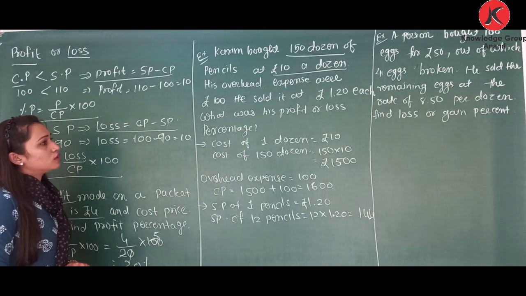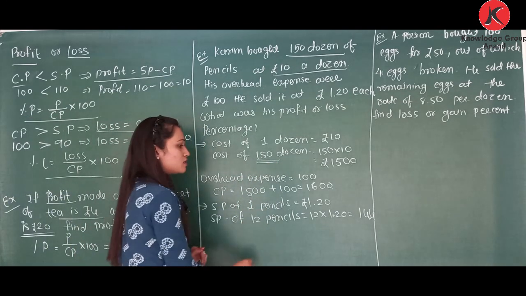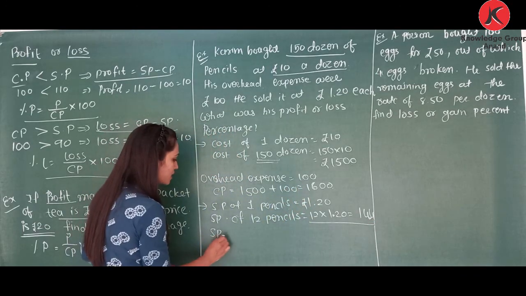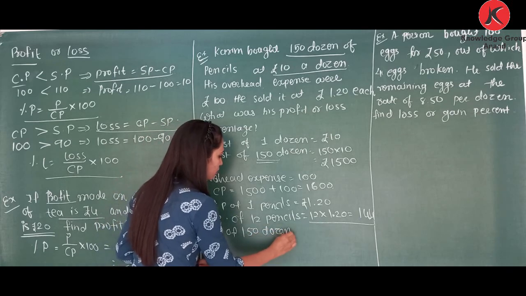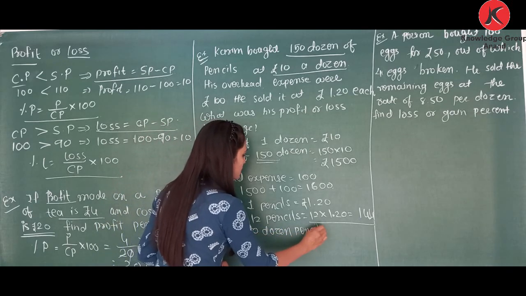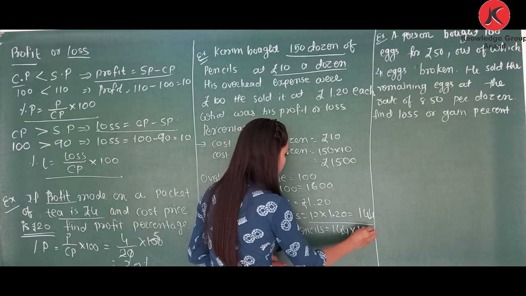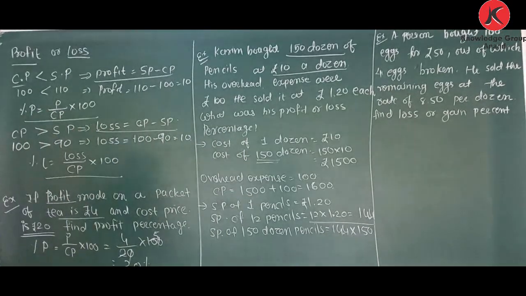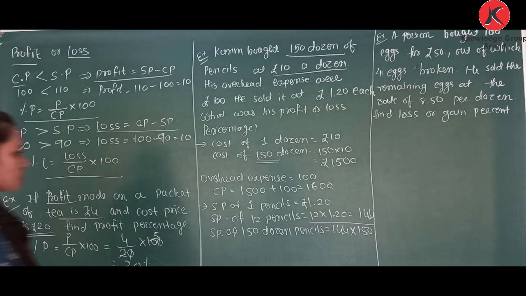Now here he bought 150 dozen. This is the selling price of 1 dozen. So the selling price of 150 dozen pencils is 14.4 multiplied by 150, so we get 2160 rupees.